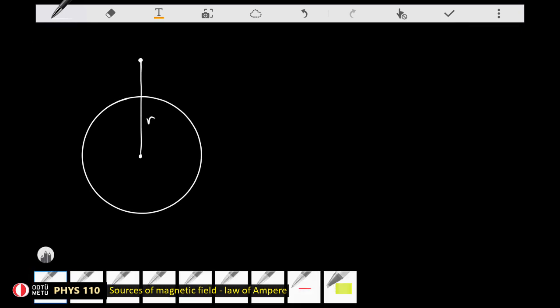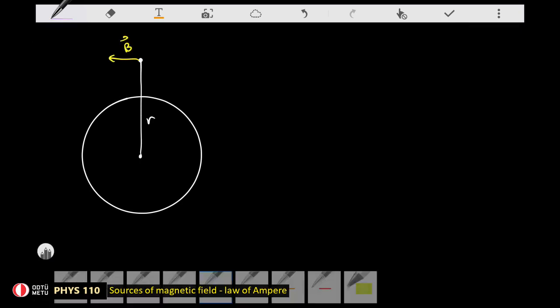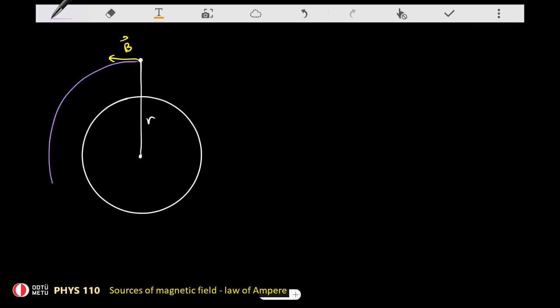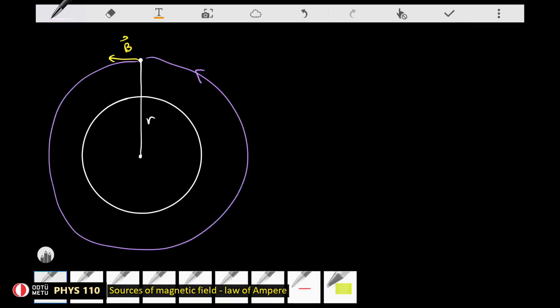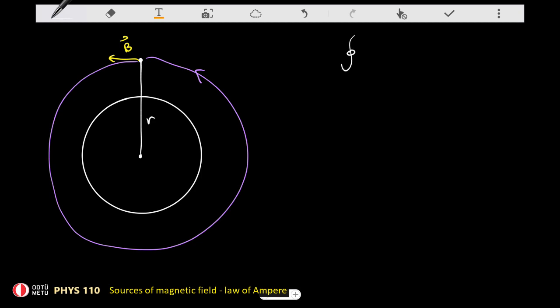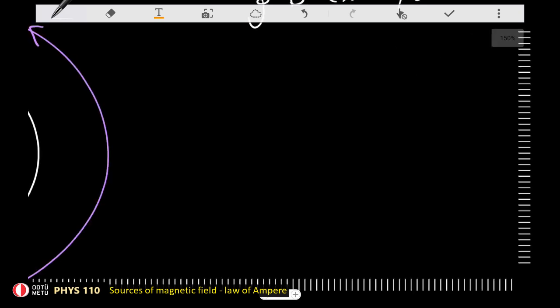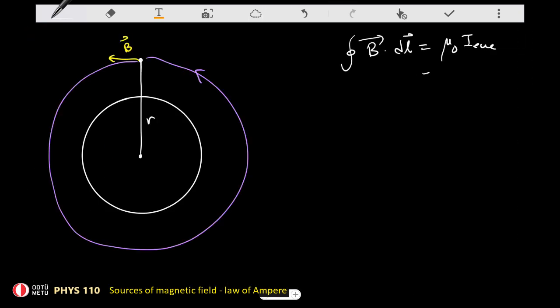So again, this is the axis. I take a point in here, which is at a distance r from the axis. The magnetic field in here is little b. So for that purpose, I choose an Amperian loop. This is just a loop now. And write Ampere's law. All right, I don't want to spend too much time in here.